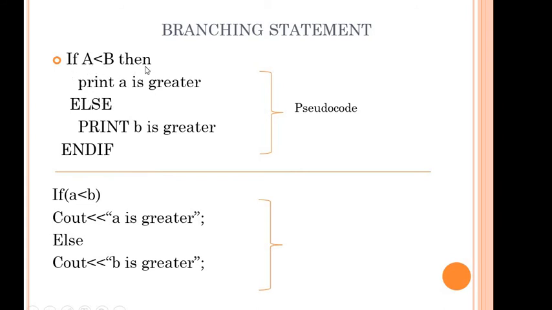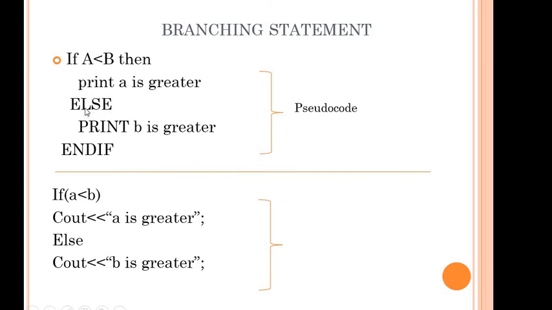If A is less than B, then what? This line is converted into the format of pseudocode here. They have not taken the square bracket here, but they have used the word then. If A is less than B, then the statement to be followed should be given. After that, else should be there.